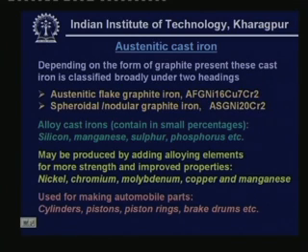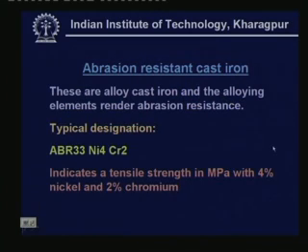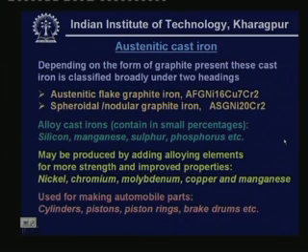The other elements contained in this type of cast iron are given in the form of nickel, copper and chromium. In a similar manner, for spheroidal nodular graphite iron, A is austenitic spheroidal graphite having nickel 20, chromium 2, meaning it is not 20, it will be 0.2%, and chromium 2%.